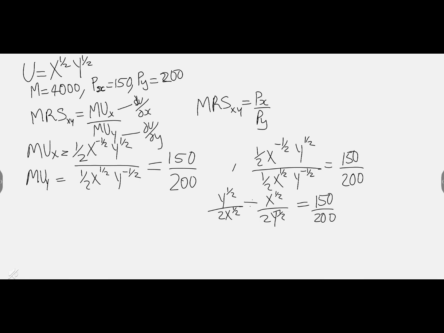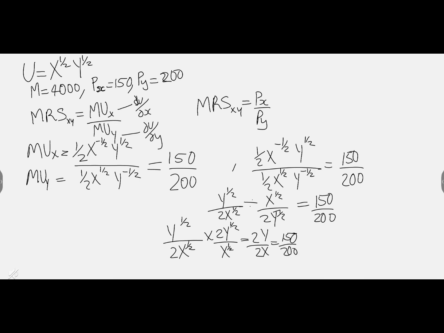So, as I explained before, I'll change this to the reciprocal and change the symbol. So I'll have Y raised to power half over 2X raised to power half times 2Y raised to power half over X raised to power half, which is equal to 2Y over 2X, equal to 150 over 200.